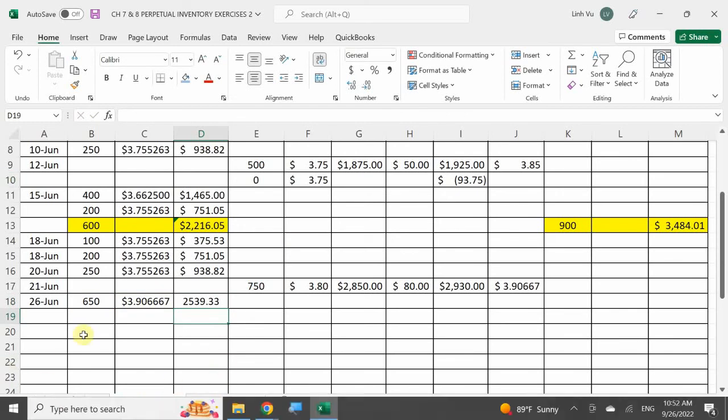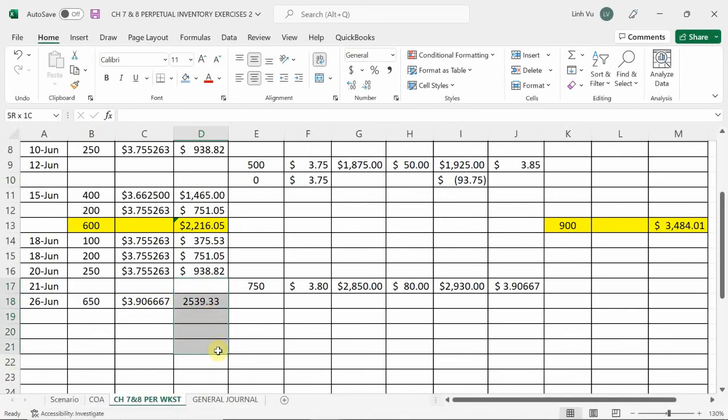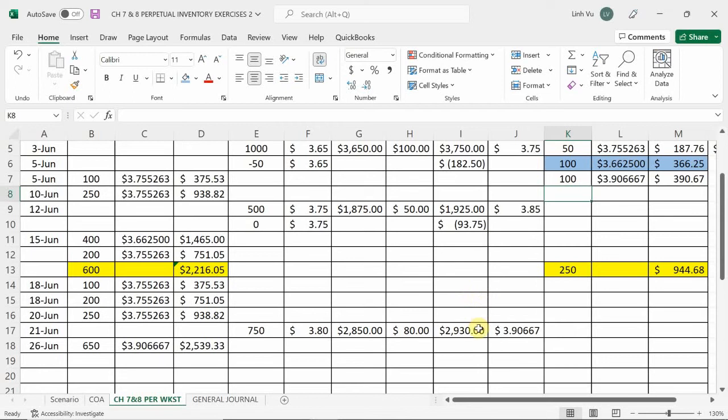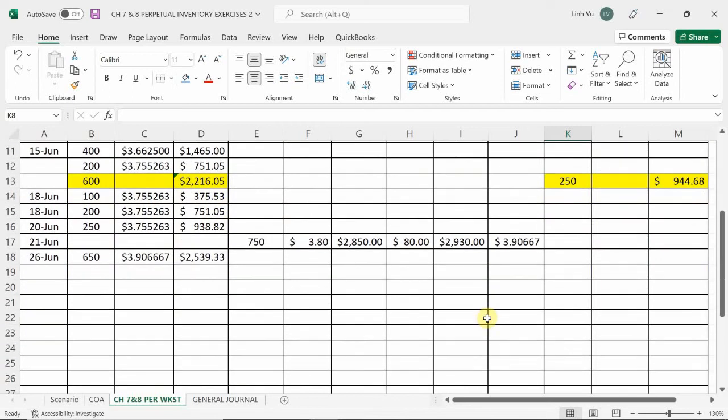Good. So therefore, let's go update my inventory. I have 750 minus 650, which gives me 100 at a total of $190.67. So that's correct.